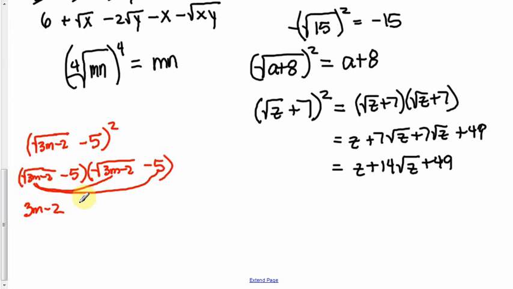Negative 5 times the square root of 3m minus 2 is minus 5 on the square root of 3m minus 2. Then your inner is the same thing because it's the same two numbers that you're multiplying. So you have to write it twice. And then your last is negative 5 times negative 5, which is positive 25.